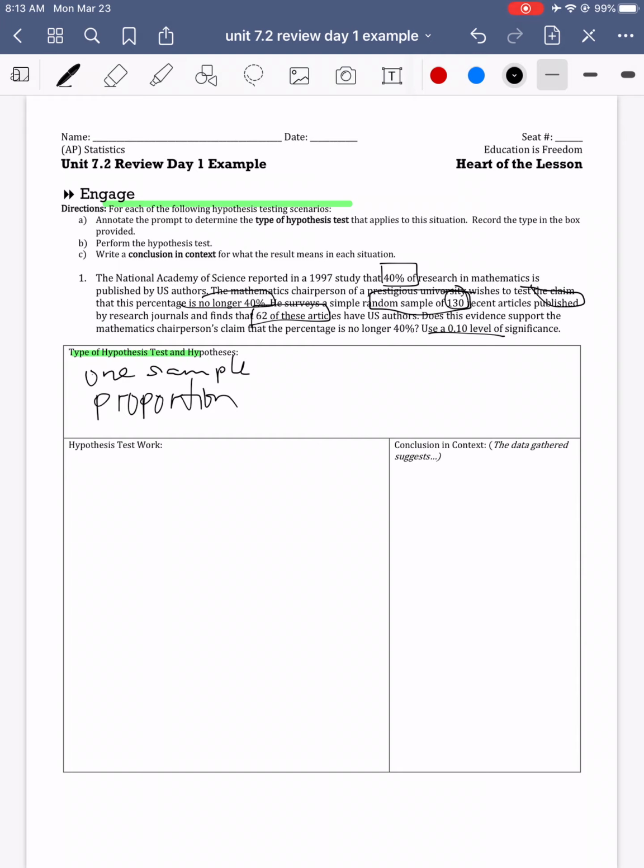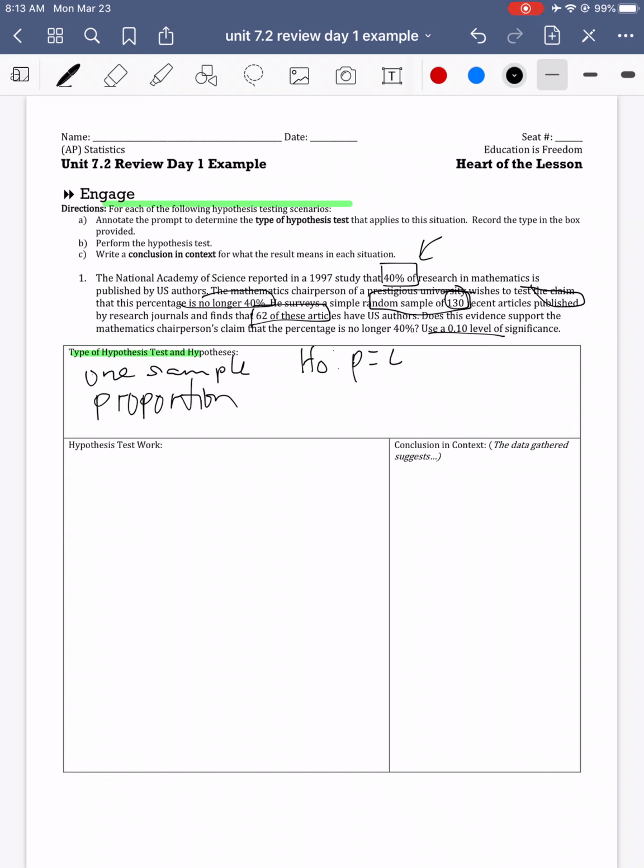So now I know what test I'm doing, and I know in sample proportions, specifically a one sample proportion, I use my p in the hypotheses. So my null hypothesis here is that p is going to be equal to, and p is the population proportion, so I know that I have to look at the overall percentage or fraction from the total population, and that is this 40% here.